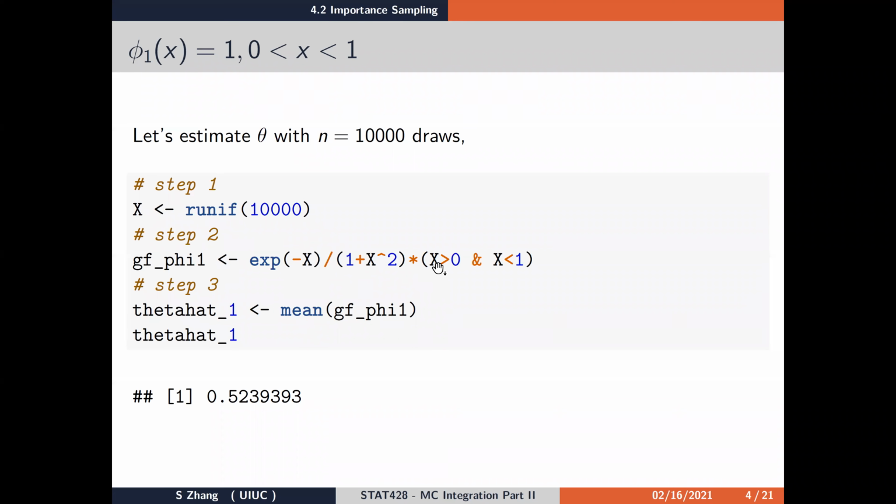So we just do times x is greater than 0 and x is less than 1 over here. In this third step, we want to take the sample mean of the g(x)f(x) divided by phi 1. That is given by theta hat 1, which is equal to the mean of gf over phi 1. And we can see that theta hat 1 is approximately equal to 0.52.